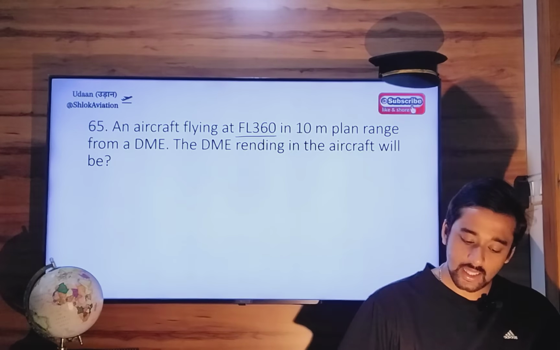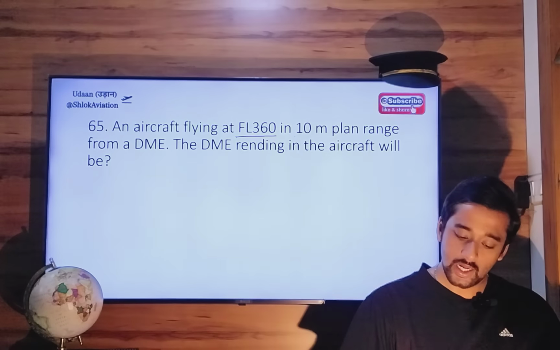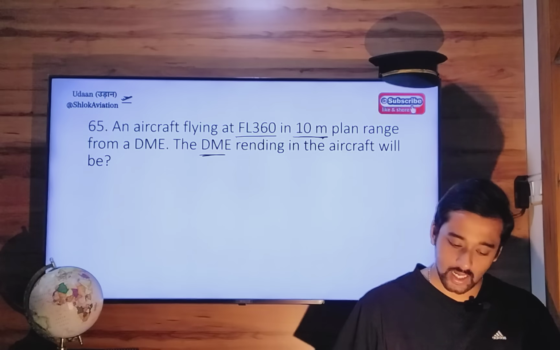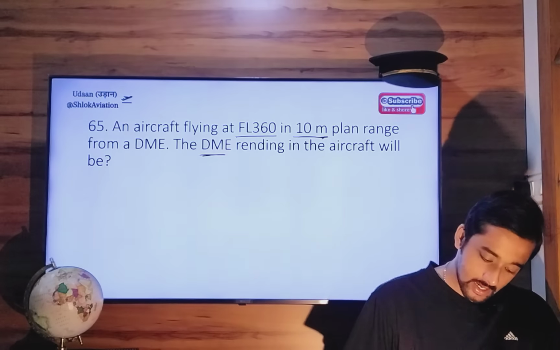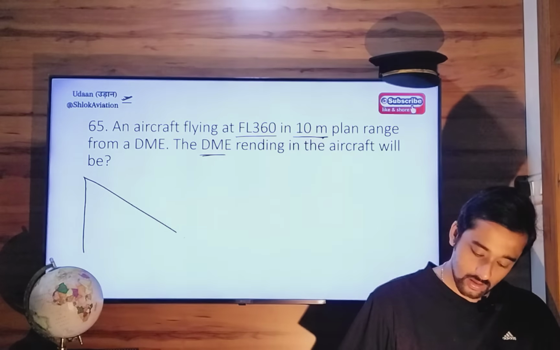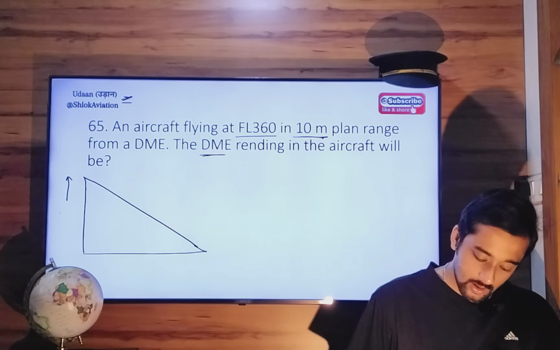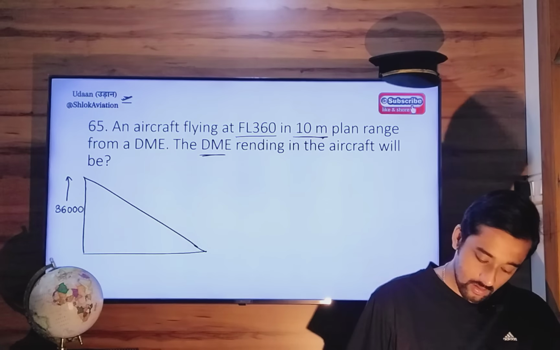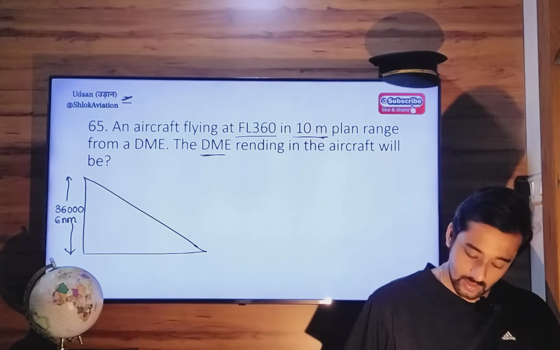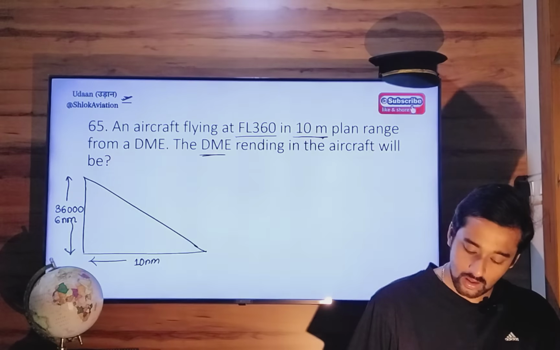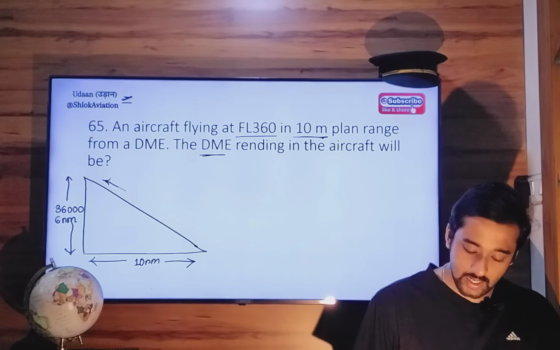Again, aircraft is at 36,000 feet, 10 nautical miles ground range. What is the DME range? What is the slant range? So draw a triangle. This is 36,000, 6 nautical miles. This is 10 nautical miles. What is the slant range?